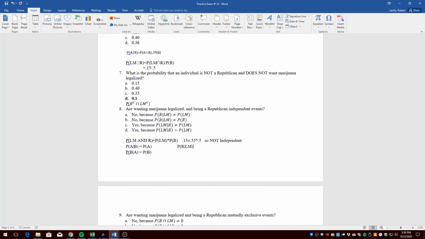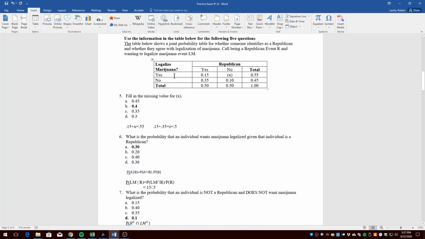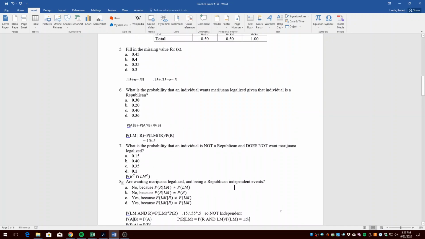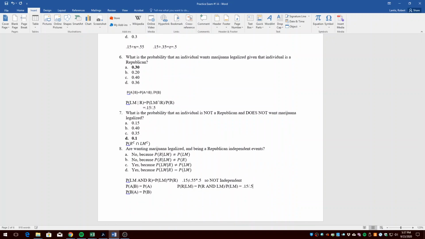So I know that would be equal to the probability of the intersection of the two divided by the probability of what we condition on, which is LM here. Okay. So the intersection of R and LM, so yes, Republican, yes, they want it legalized, is 0.15 divided by what we're conditioning on, which is the probability they want marijuana legalized, which is 0.55.